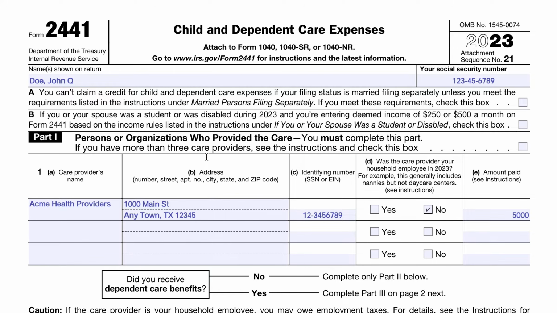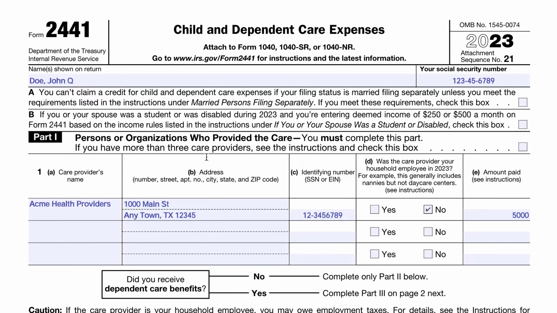And three, finally, any disabled person who wasn't mentally or physically able to care for themselves who lived with you for more than half of the year and whom you could claim as a dependent, so either you can claim them as a dependent outright, or you could be able to claim that person as a dependent, except the disabled person had gross income of $4,700 or more, they filed a joint return, or you or your spouse could be claimed as a dependent on someone else's tax return.